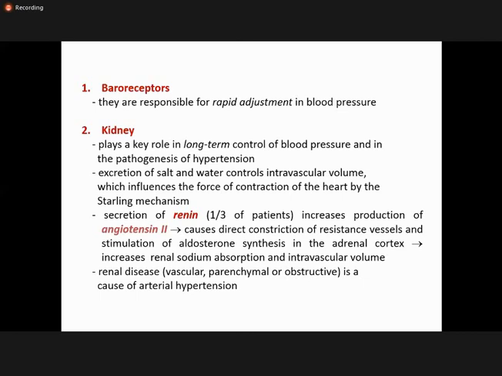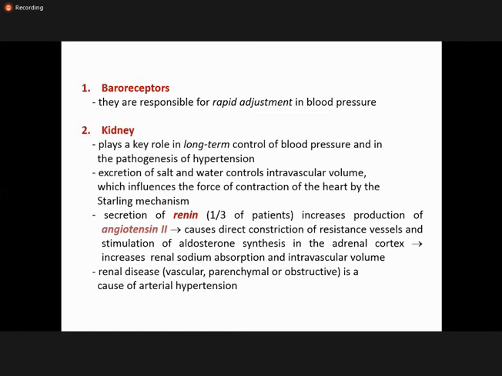And aldosterone is responsible for stimulating reabsorption of sodium. When there is reabsorption of sodium, ultimately water is also reabsorbed automatically. So when there is low blood pressure, the renin-angiotensin-aldosterone system is activated and tries to increase the reabsorption of water and salt and increase the blood volume.